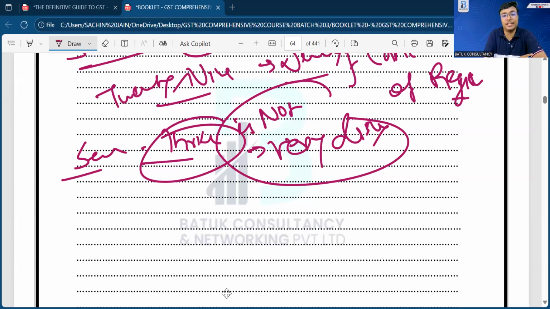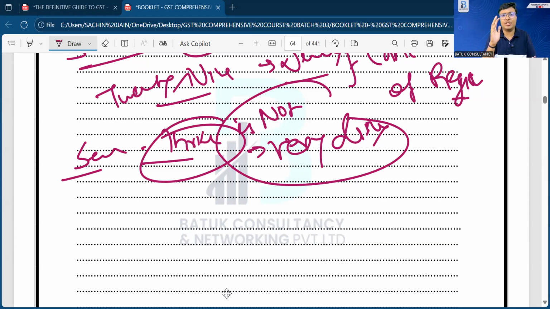We have filed the GST registration and submitted all the required documents as per the details given in section number 25. When you give these types of section references in your reply, it will be very, very effective. So we just need to focus on that.